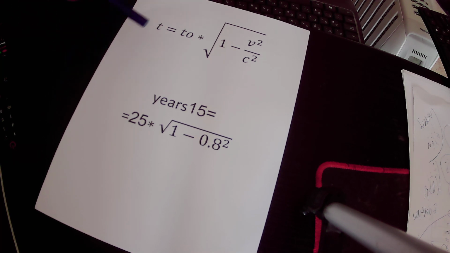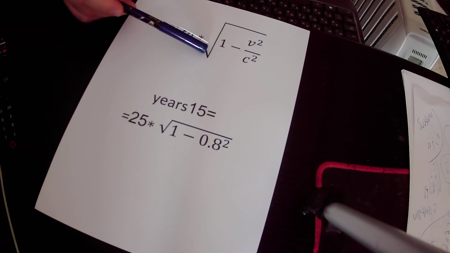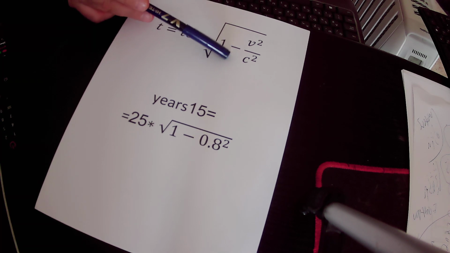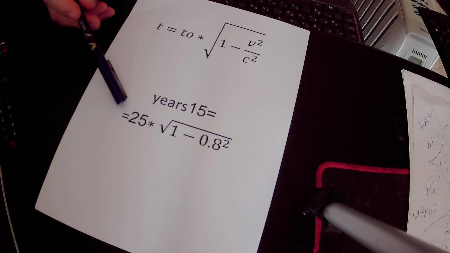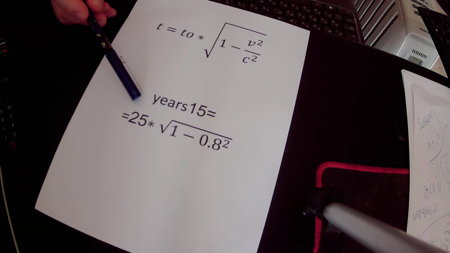So we see that the time that has passed in the spaceship equals the time that has passed on Earth times the root of 1 minus v squared divided by c squared. The time that has passed on Earth is 25 years.